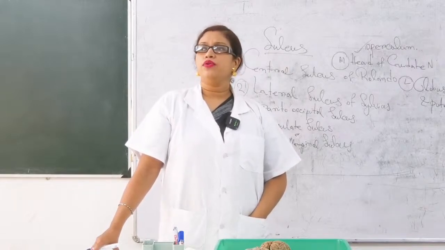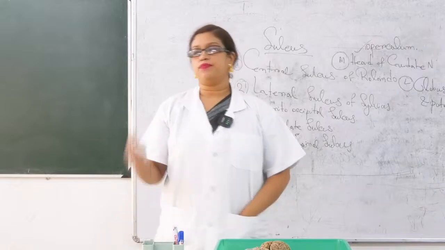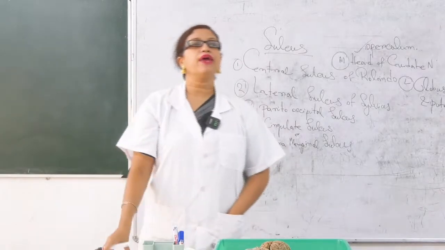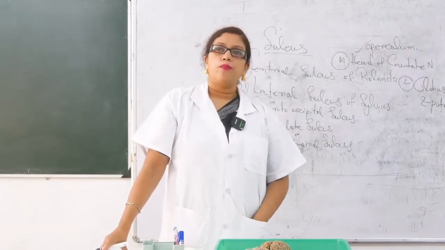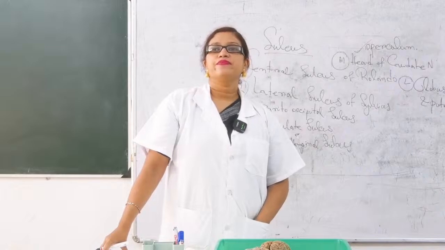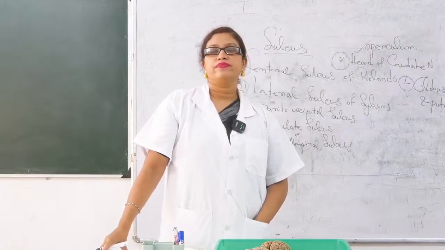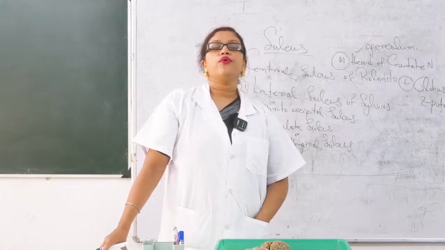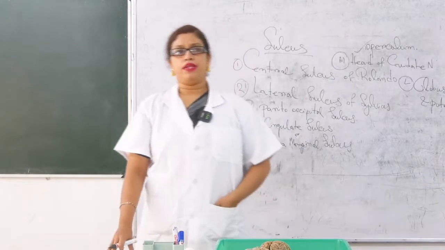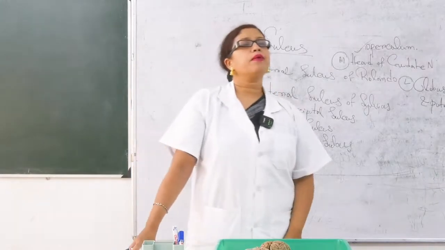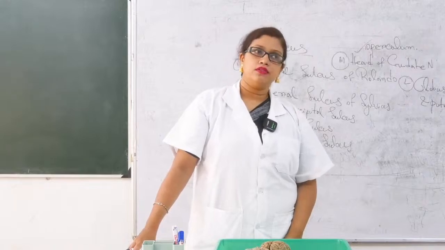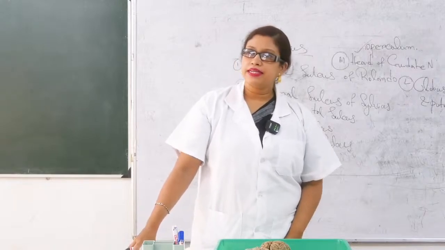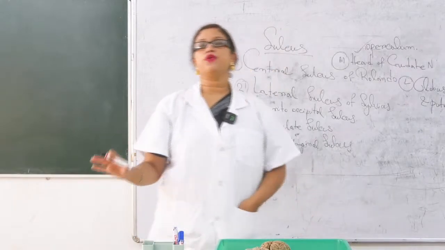So it would be about 150 cc then. Actually 0.5 liter. 0.5 liter means, so it would be about 500 ml. Okay, exactly in liter. Remember 0.5 liter. Okay, 0.5 liter is the normal capacity of cerebrospinal fluid.